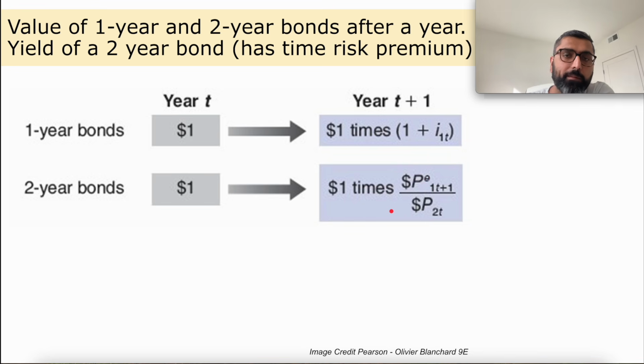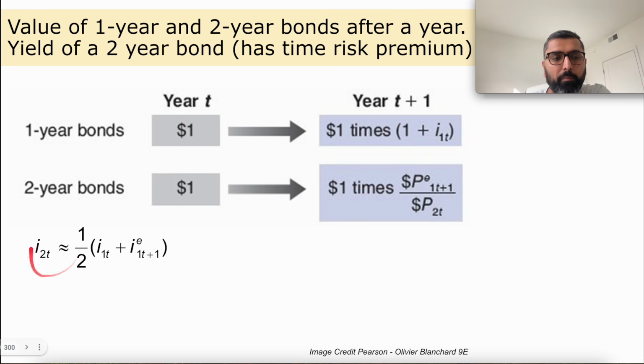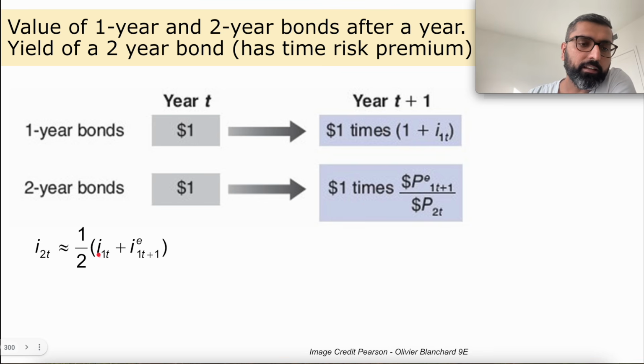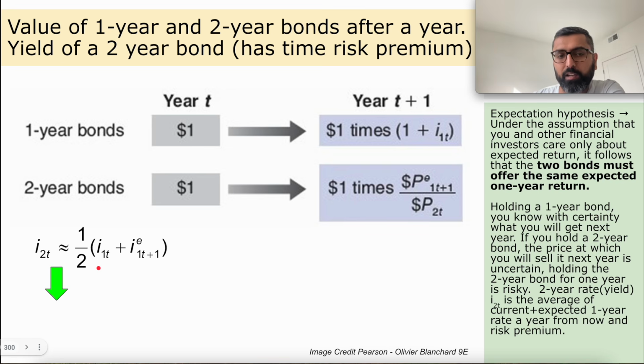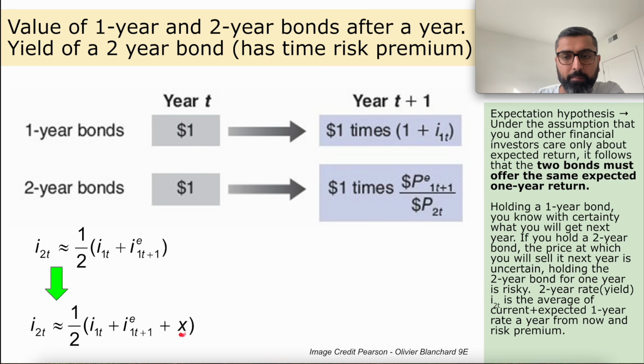And so there's going to be some amount of term premium associated with it. We covered some of these terms earlier. But in a sense, a 2-year bond will have an interest rate or yield that would be the average of the 1-year bond interest and the expected interest a year from now. But as we just talked about, there is some amount of term premium because there's risk associated with holding a 2-year bond.